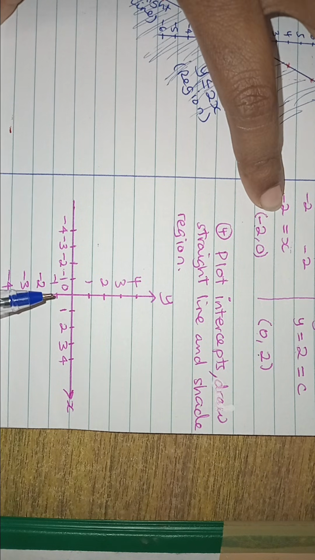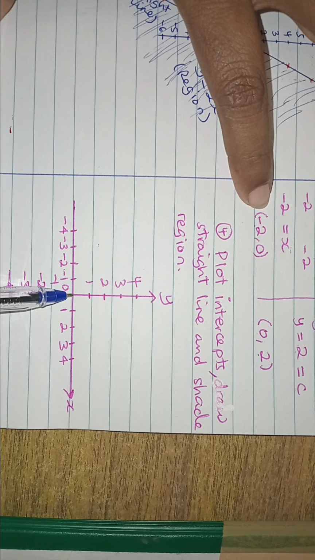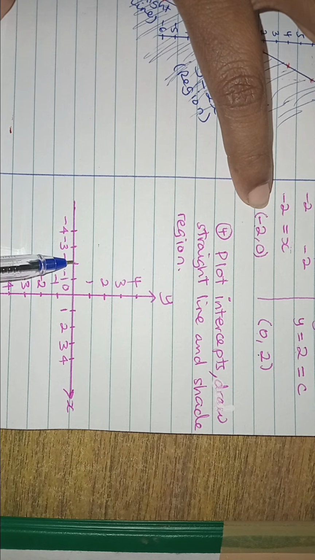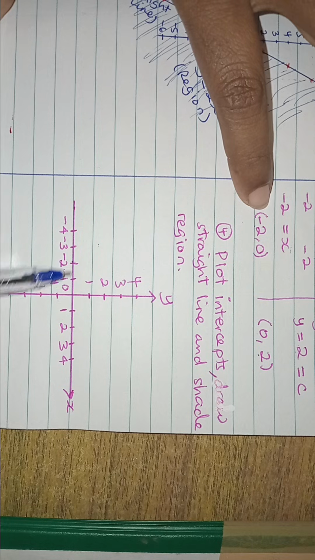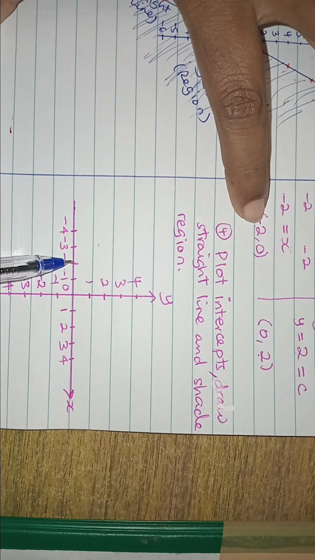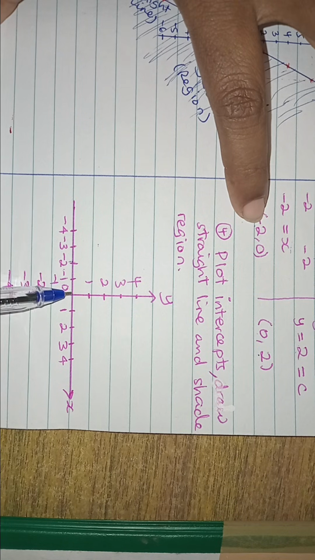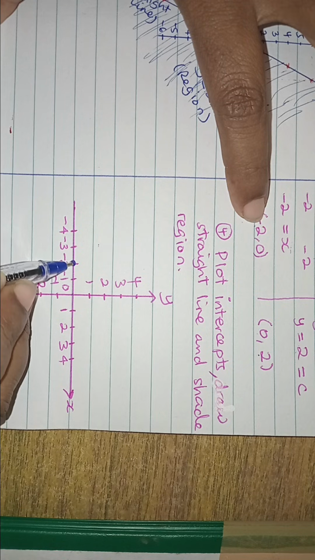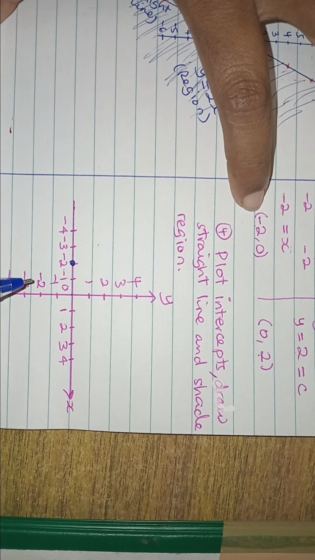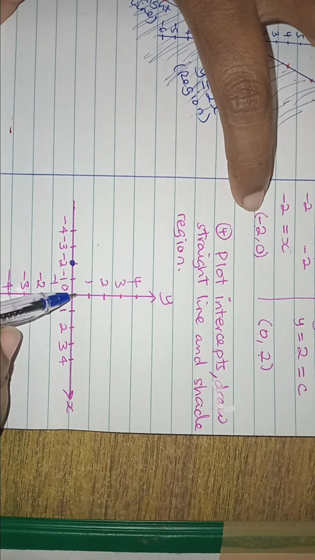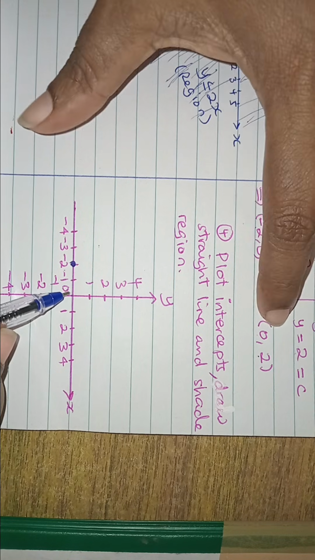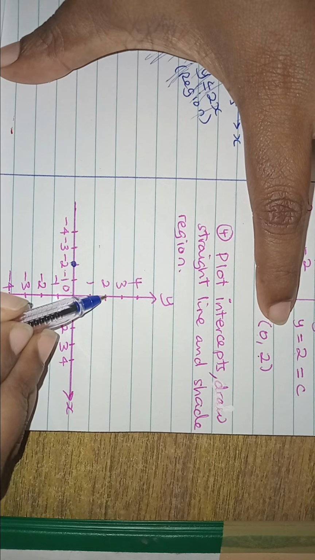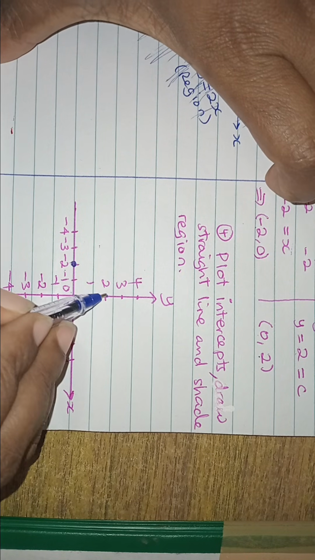Our x-intercept is x equals -2 and y equals 0, so that is this point. Take note, it's the x-intercept, so it should be on the x-axis. And the y-intercept must be on the y-axis, where x is 0 and y is +2.